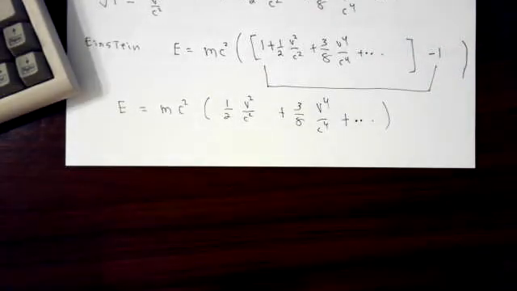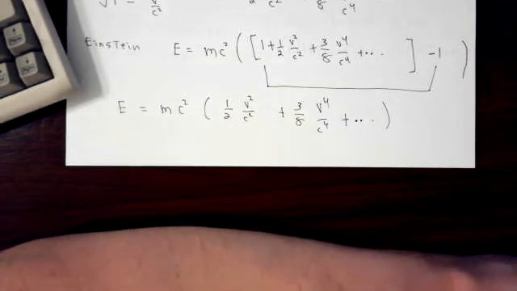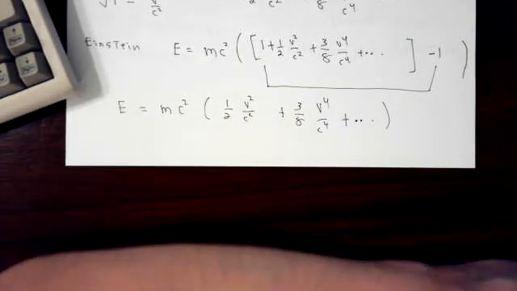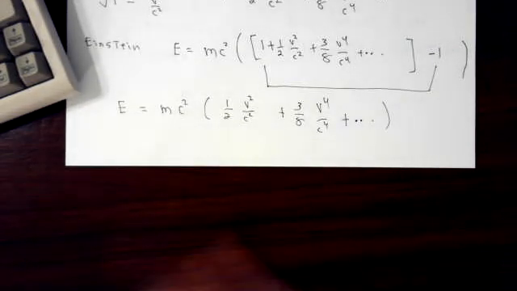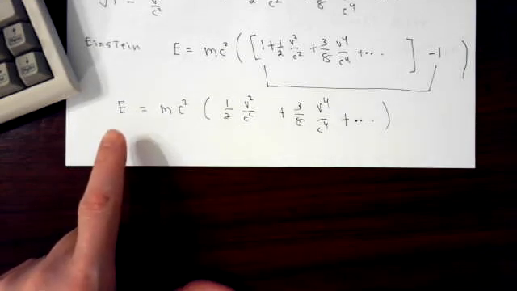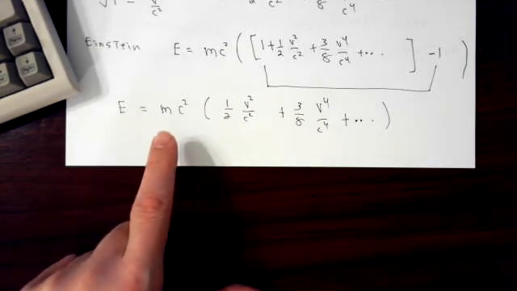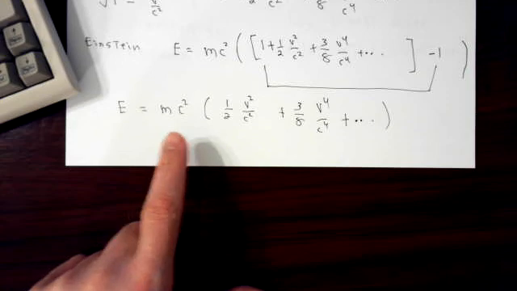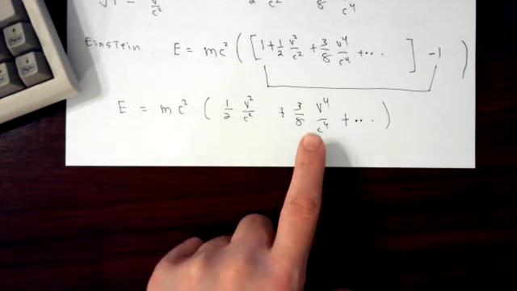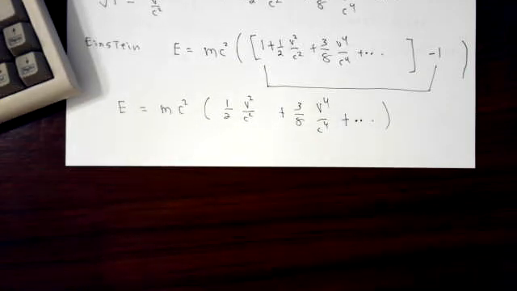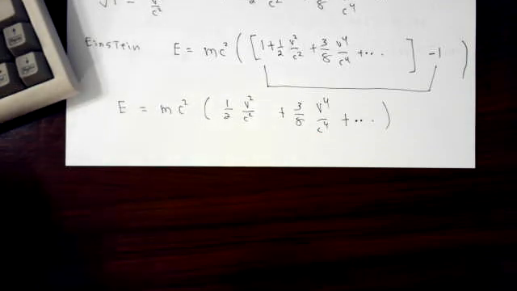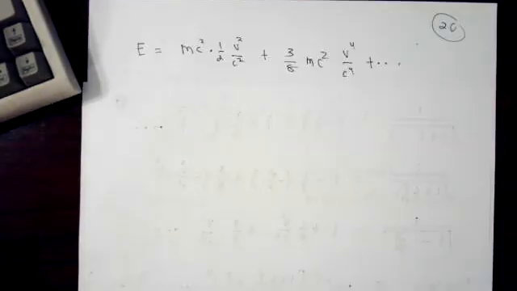So this means, at least to the order of approximation that we're looking at here, that Einstein says the energy ought to be mc squared times this quantity plus that quantity, and if we wanted, we could look at higher order terms.